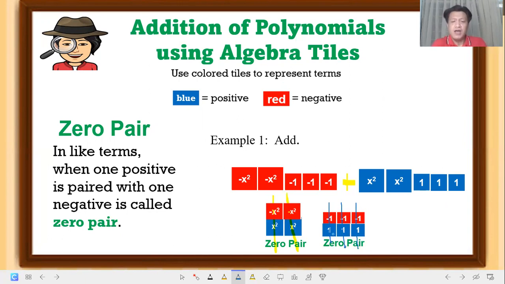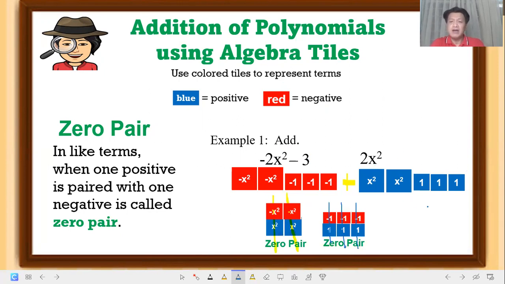Okay, so if we are going to represent this using the number, since di ba dalawa ang red natin na x square, kaya nga you have to write this as negative 2x squared. And since meron tayong tatlong constant na blue tiles, and that is minus 3. Okay, kasi negative siya. And dito naman sa kabila yung blue, dalawa yan, kaya nga 2x squared.